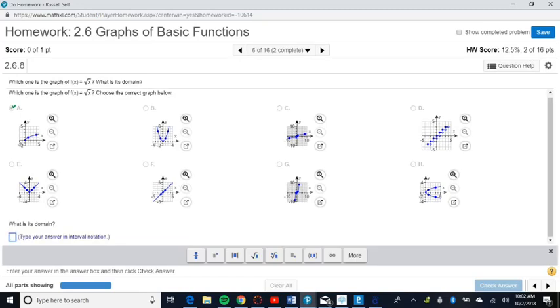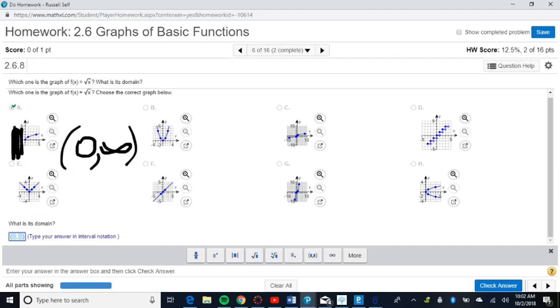So here we go. Looking at domain, we're going to type in our ordered pair. Domain means look at it from left to right. It doesn't even exist over here, so there are no negatives. That means it doesn't even start existing until 0, and then it goes from there all the way to infinity.